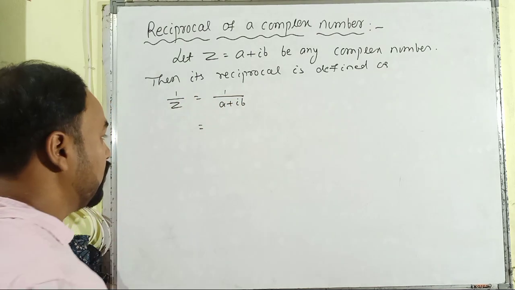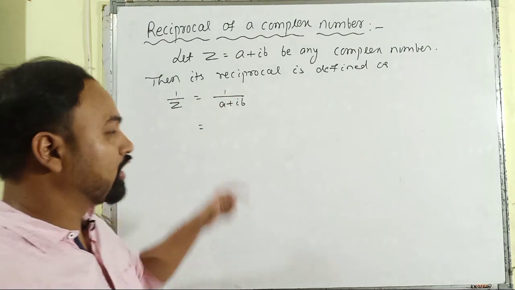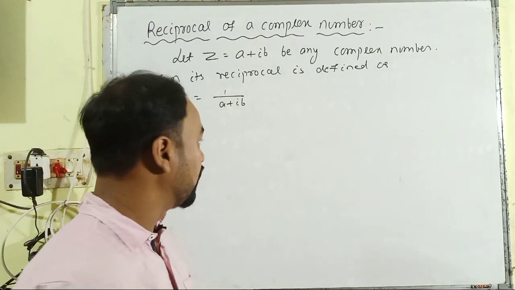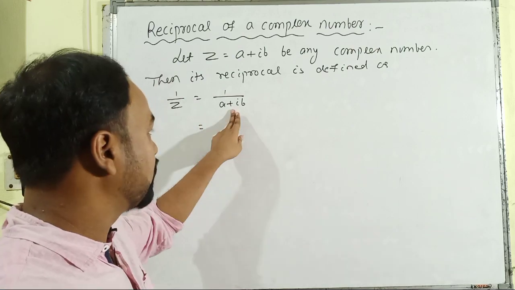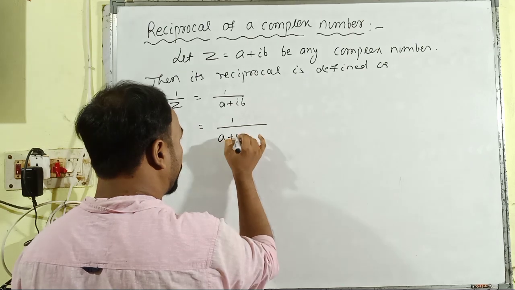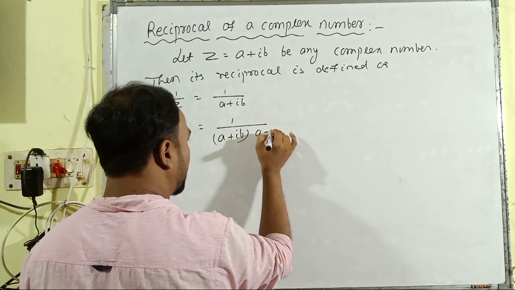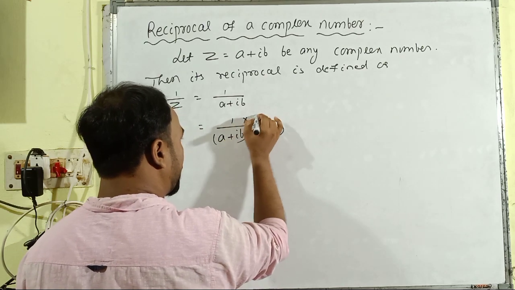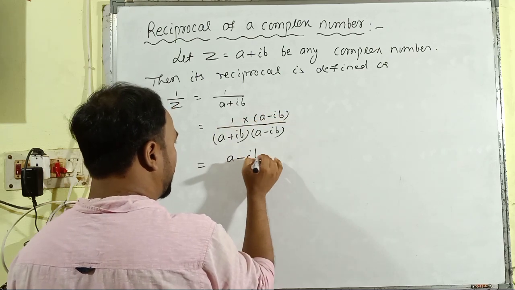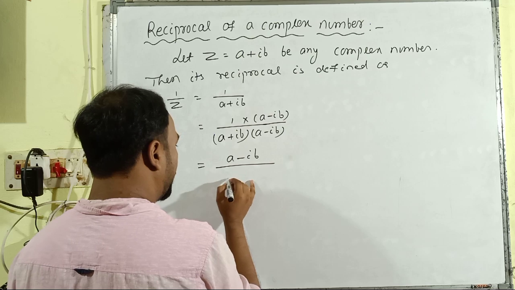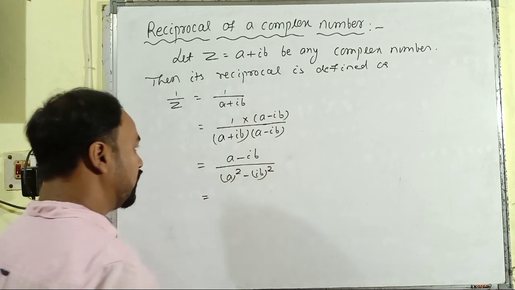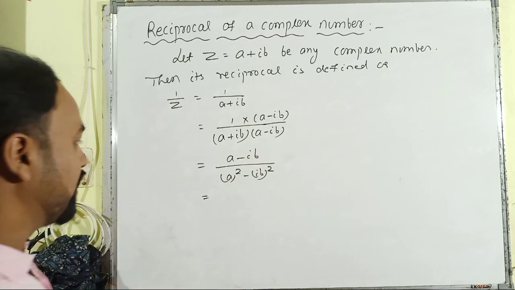And you know that we can solve this expression 1 upon a plus ib by using the conjugate of the denominator, because we have to standardize the denominator. So let us multiply the conjugate of a plus ib, that is a minus ib, to both numerator and denominator. So we are getting a minus ib divided by a square minus whole square of ib, because it is the algebraic identity.